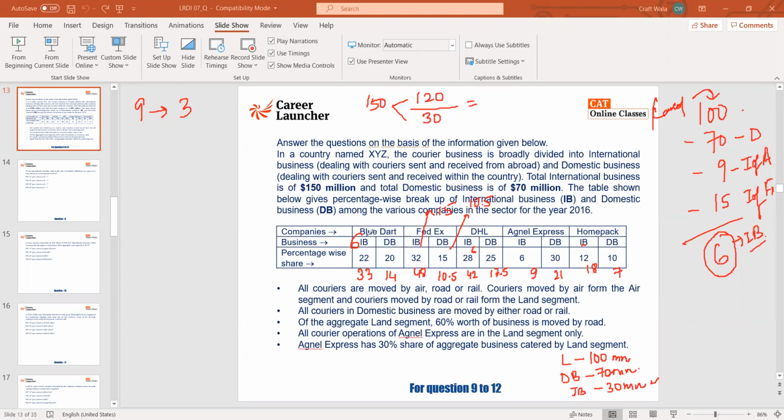Sorry, for Blue Dart it should be 6 plus 14, that is total 20. Right, so the highest is coming for Agnel, so that becomes our answer here. So for the 10th one, your answer becomes 1.